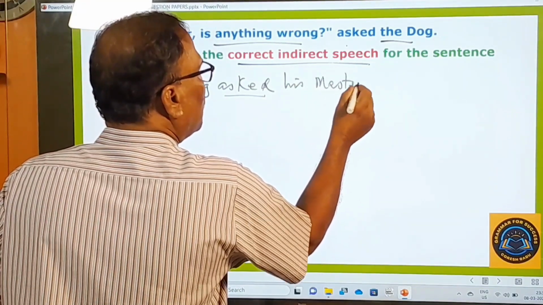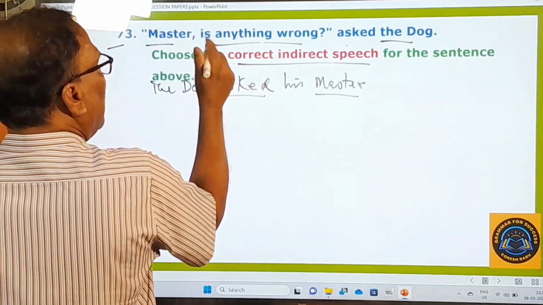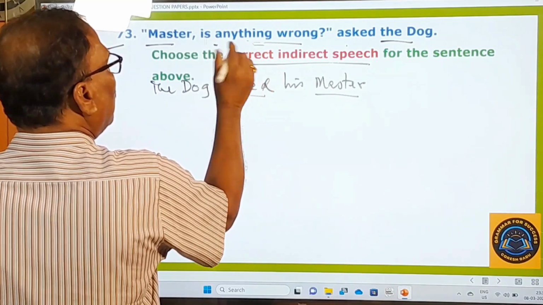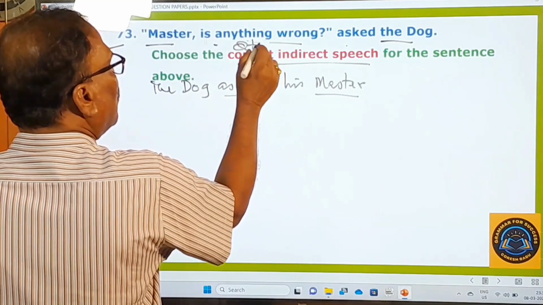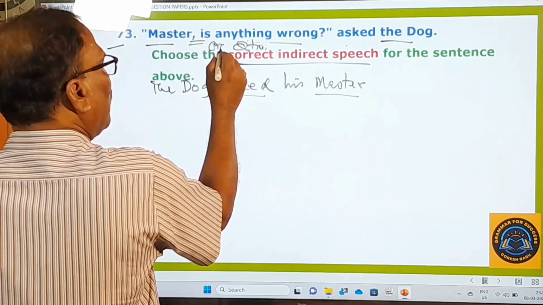What is this sentence in the direct speech? An interrogative sentence, or a question. It's an ordinary question, right?